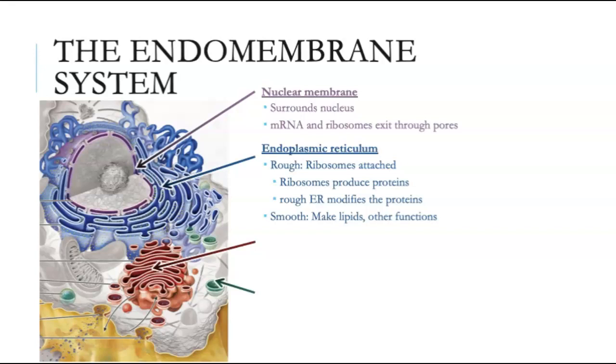So again, if you take a look at number 1, you should already have the bound and the free ribosomes as two separate components that are involved in making proteins, but then the endoplasmic reticulum, particularly the RER, is what is going to take the proteins that are produced by the ribosomes and then modify them.